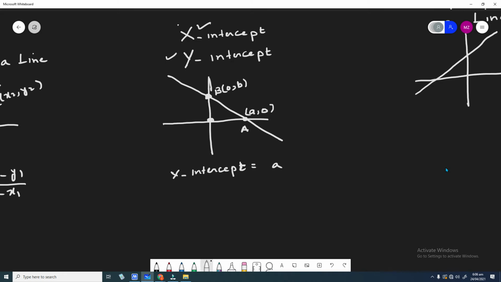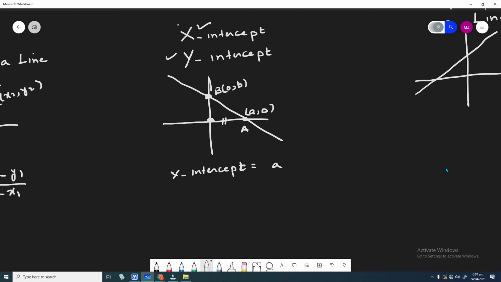So it is actually the length of the line which that line cuts on the x-axis, and the distance is measured from O, that is from O to A, and x-intercept in this case will be a.